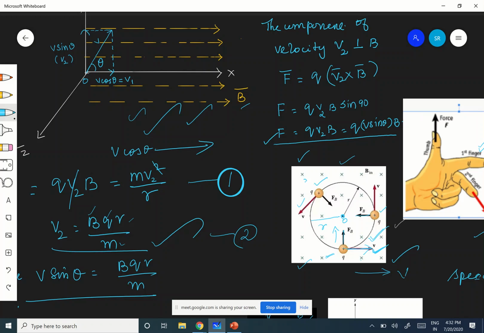Here I cannot show that, so I have switched over to the perpendicular field. Hope you are following. Our case is this. Just to show how it is tracing a circular path, I have taken B perpendicular to the plane of the board and inwards.